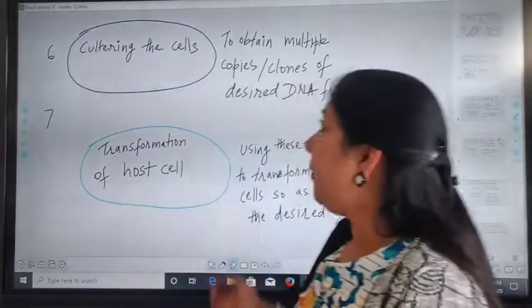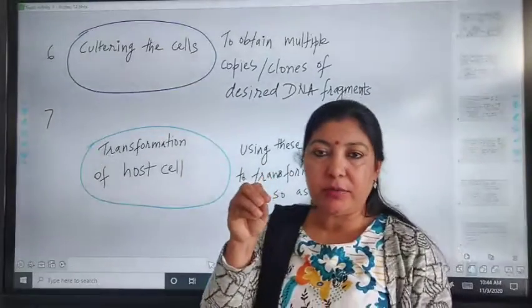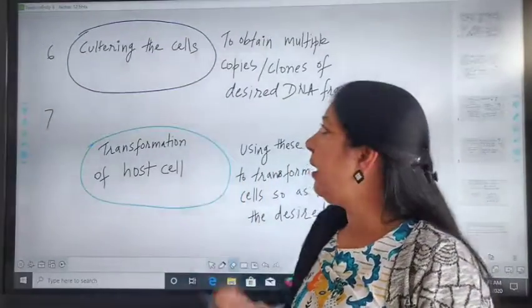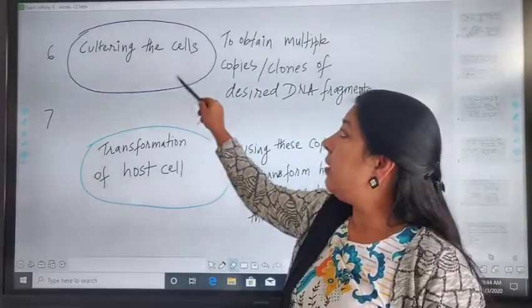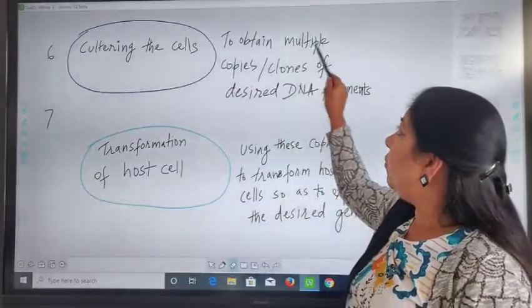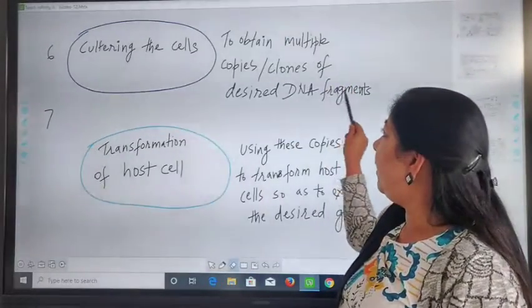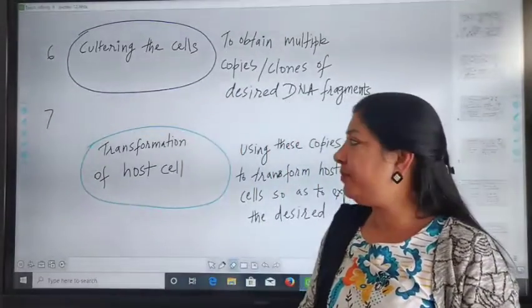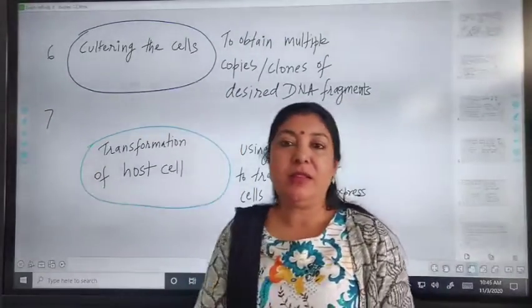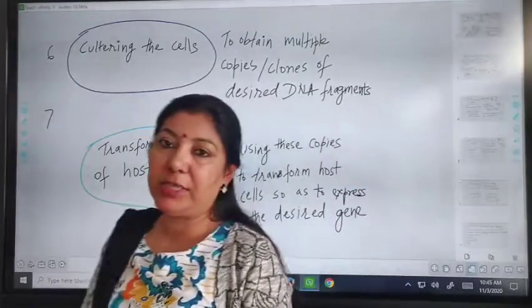Next we come to step number 6. The host cell which has got the recombined DNA is cultured. So the 6th step is culturing the cell. To obtain multiple copies or clones of the desired DNA fragment, we culture the host cell. And finally, the 7th step is transformation of the host cell.